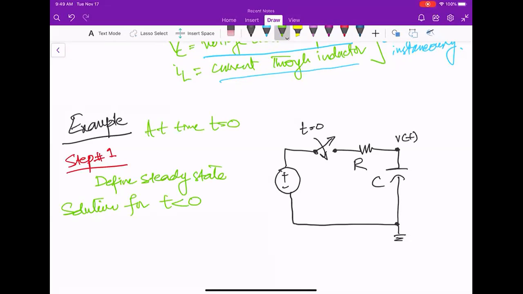We want to know what will happen at time t greater than 0.